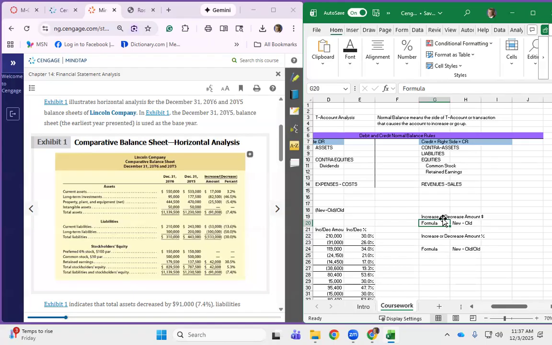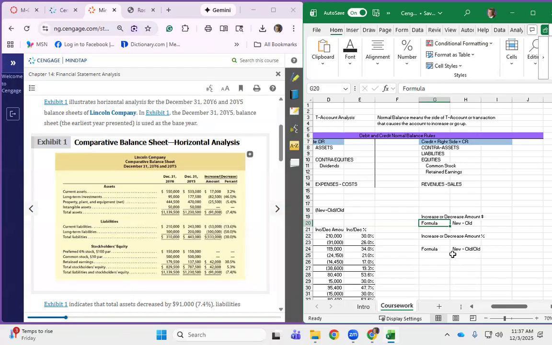Sometimes percentages give you a better picture than just an amount. A lot of times percentages are the amounts that allow you to compare one year to the next. Sometimes the percentage is the formula that allows you to compare one company to another.